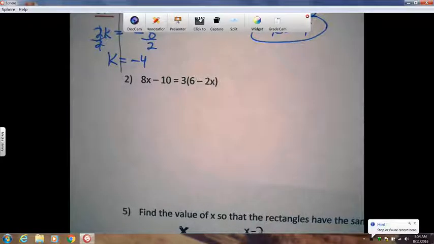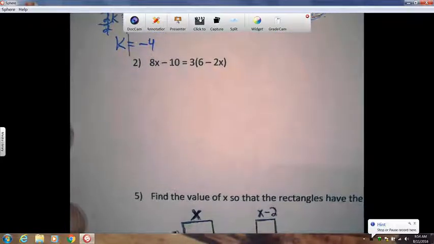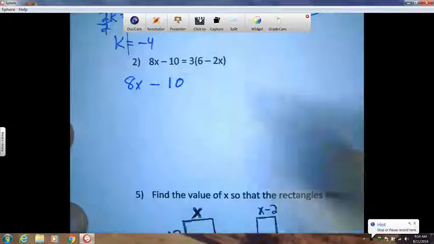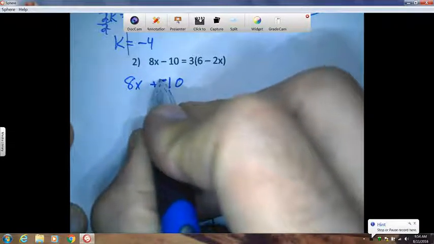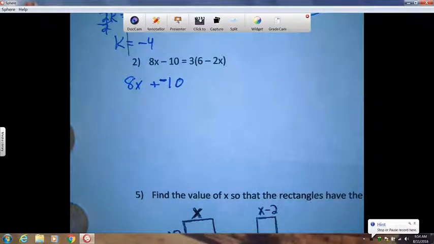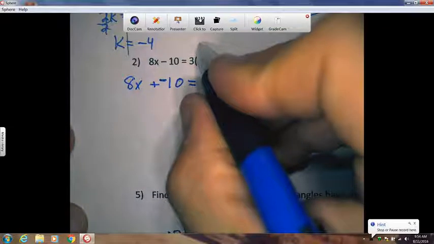Okay, number 2, something like this. First thing you need to do, I'm going to rewrite this. Remember, I'm going to make 2 marks with my pencil. It's minus 10. I'm going to do plus a negative to avoid confusion. Then I have to use distributive property. Before I do that, I'm going to rewrite this to make sure I know.